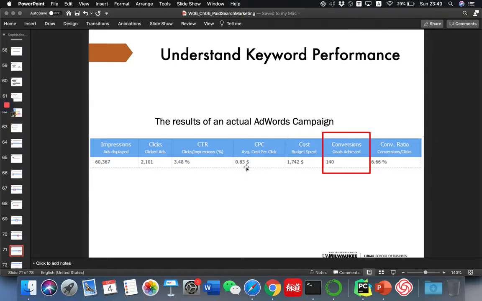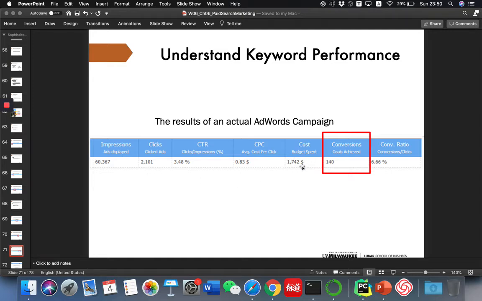Why? Because the cost is $1,742, and the number of clicks is more than 2,000.